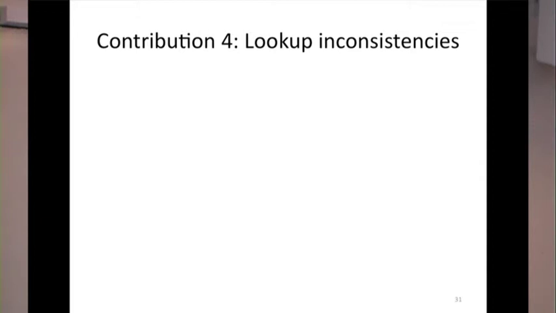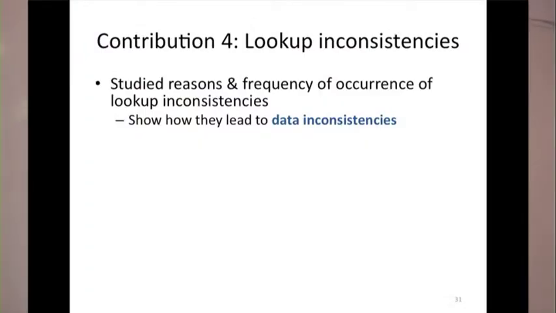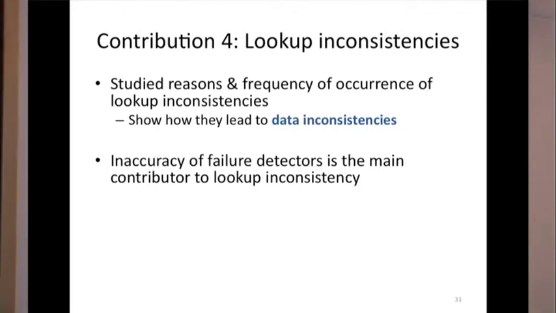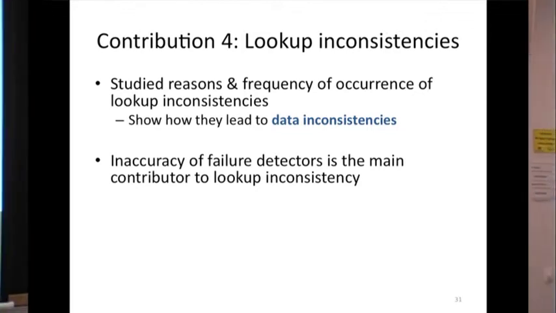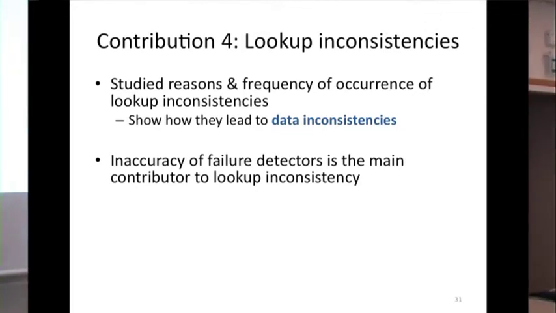So in this work, we studied the reasons why lookup inconsistencies happen, and we tried to measure how often they happen and how they lead to data inconsistencies. We found that inaccuracy of failure detectors is one of the main contributors, compared to churn, let's say joins and failures.